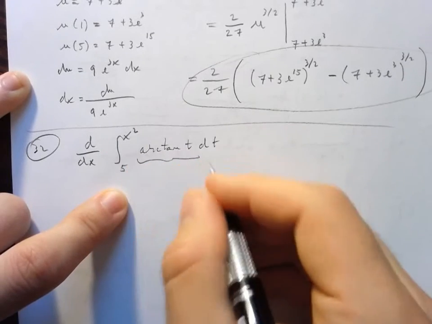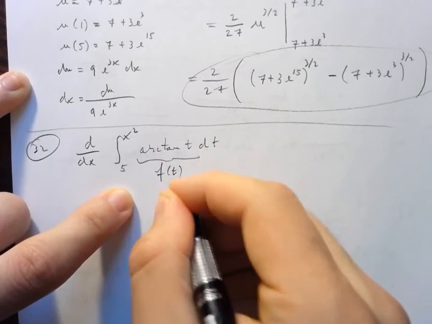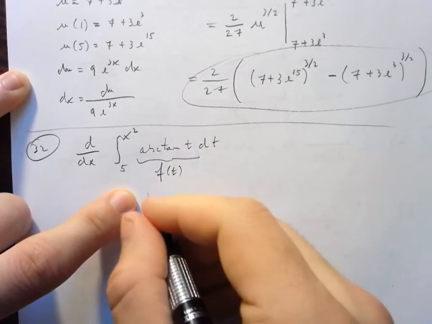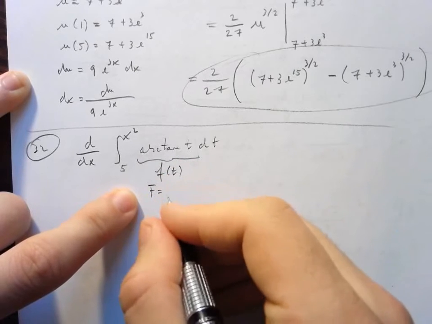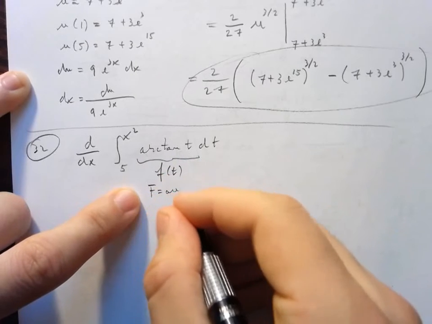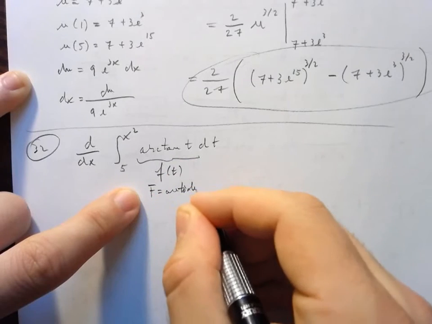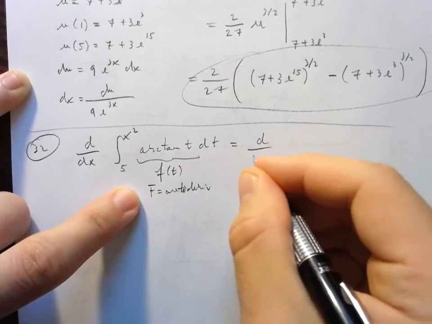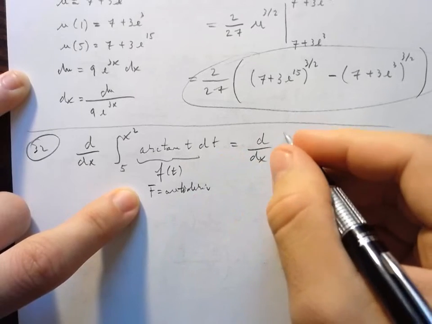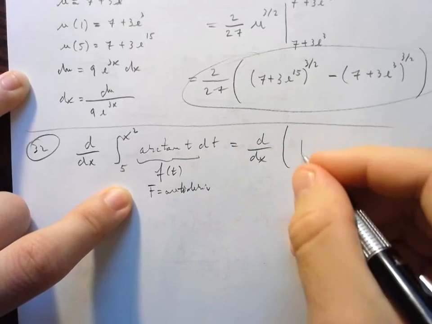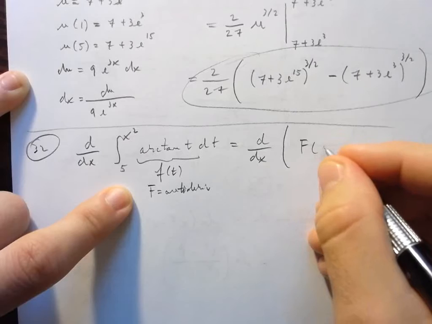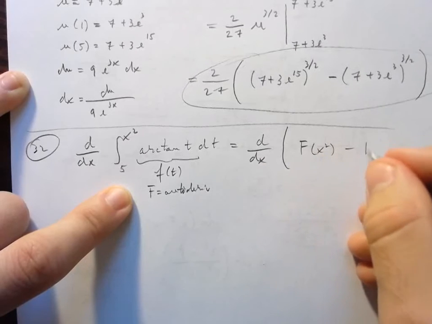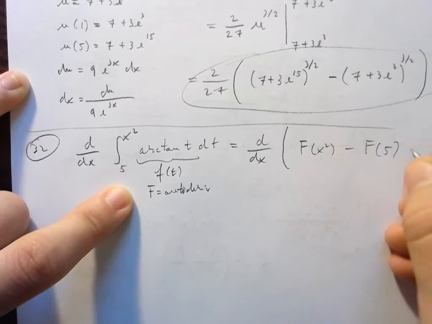So if this is my function f of t, let's say that capital F is the antiderivative of arctangent. So this should be d dx using the fundamental theorem, we've done this in tutorial, of capital F of x squared minus capital F of 5.